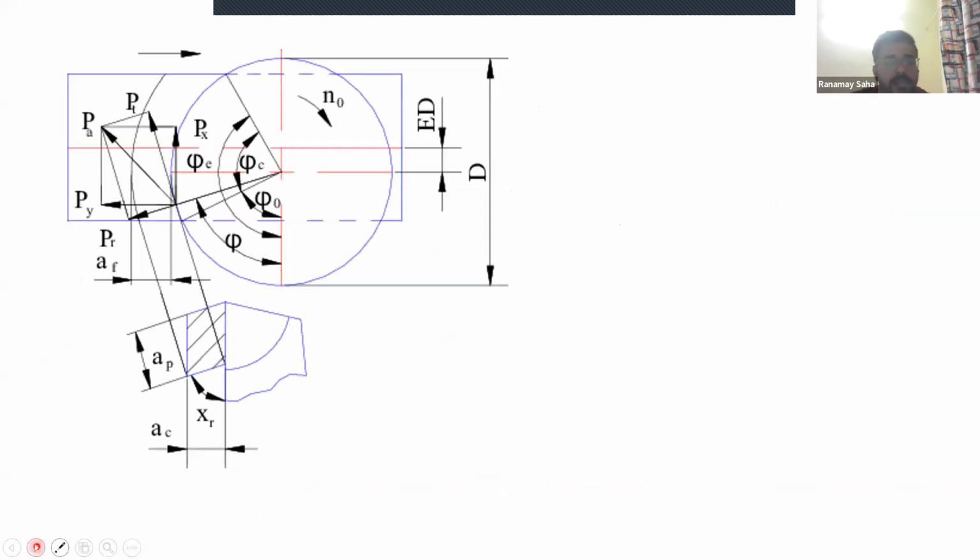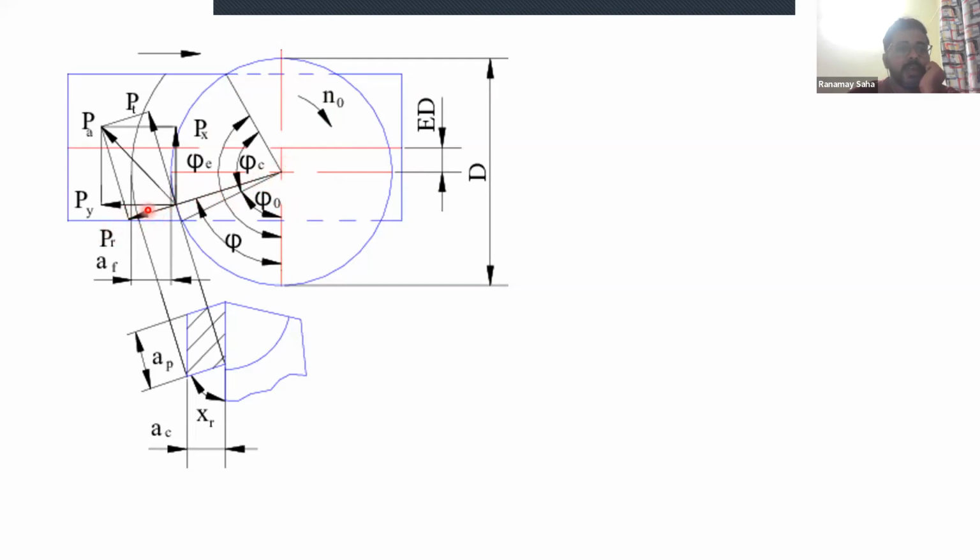So you can see that this is an analogy which is showing the actual cutting forces involved in a milling operation. If this be the tool, this be a spherical cutting tool, cutters, you can see. Then you have this one PR on the screen. You can show that this is the PR, which happens to be the radial force.